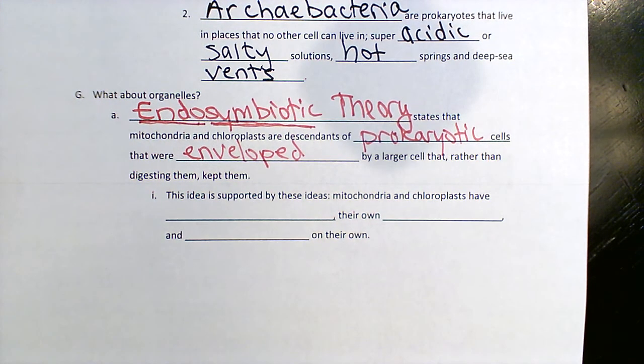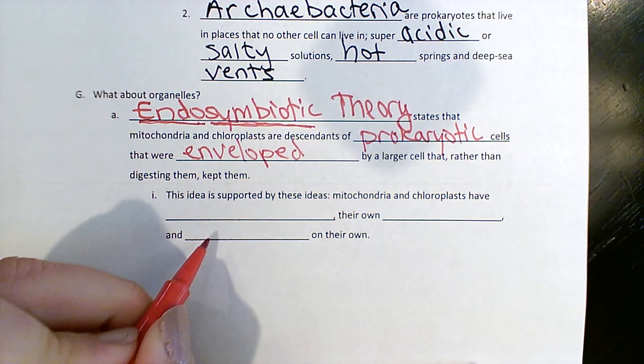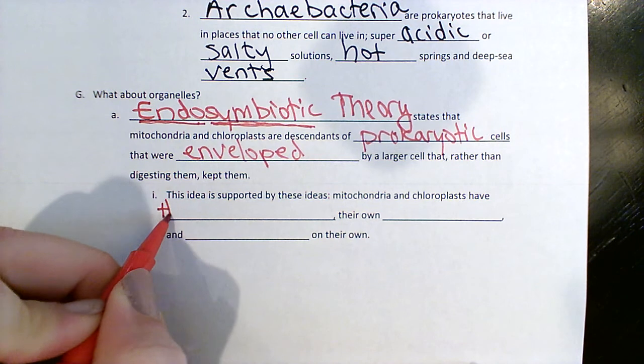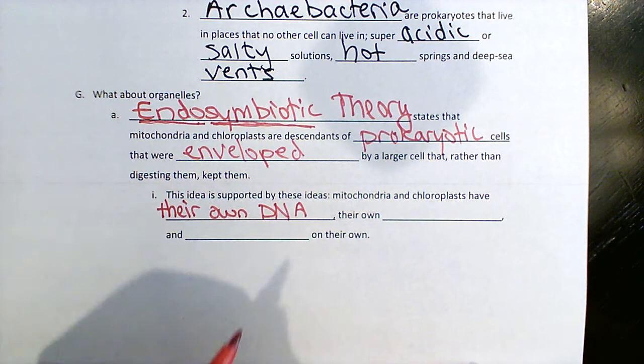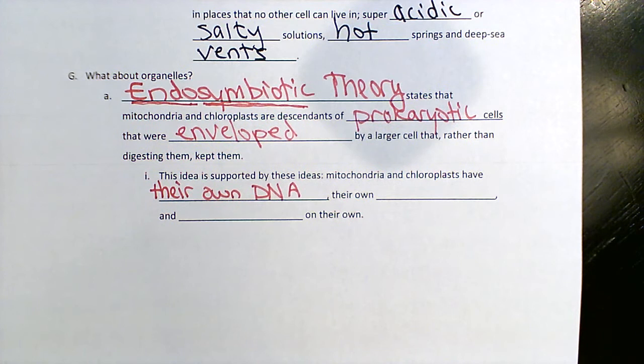And again, if you're like me, you're like, well, that seems a little far-fetched. What evidence do we have? So we have some evidence here. This is later supported by some ideas. Mitochondria and chloroplasts have their own DNA. Inside a chloroplast is chloroplast DNA, and inside a mitochondria is mitochondrial DNA, and it is separate from the DNA that's inside your nucleus.